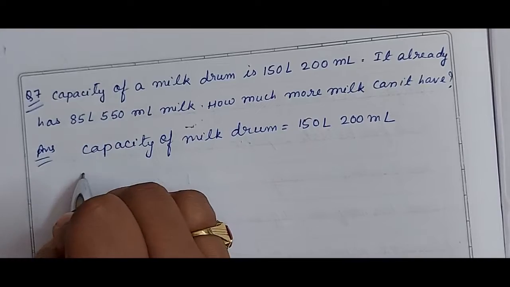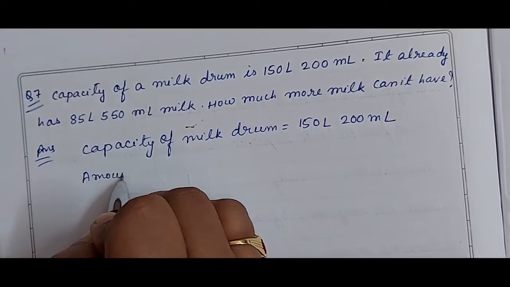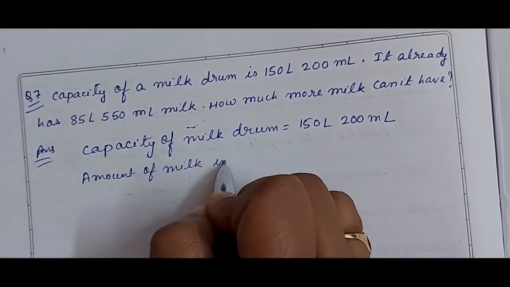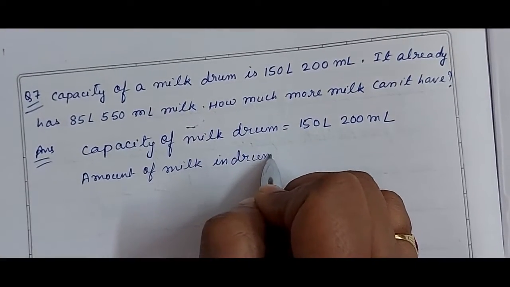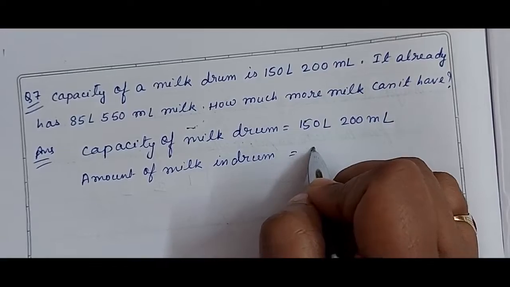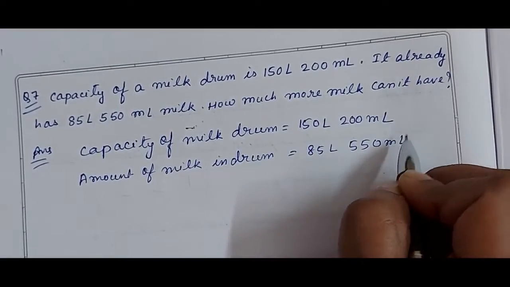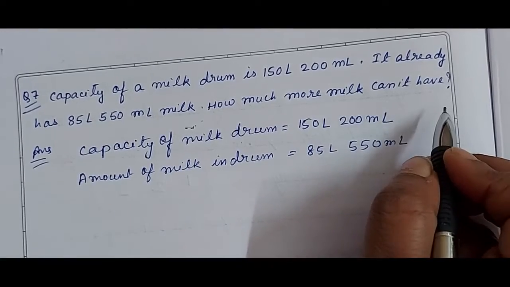Now amount of milk in drum equal to 85 liters 550 ml. How much more milk can it have?